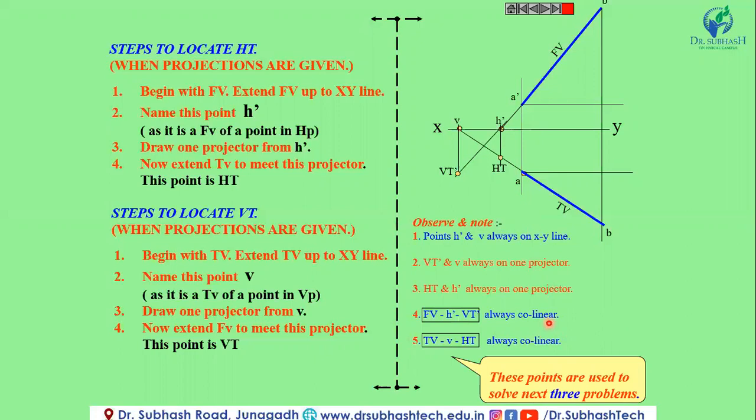Now these points are used to solve examples. Let us see an example regarding this. The front view of line AB makes a 45-degree angle with the XY line and measures 60 mm.